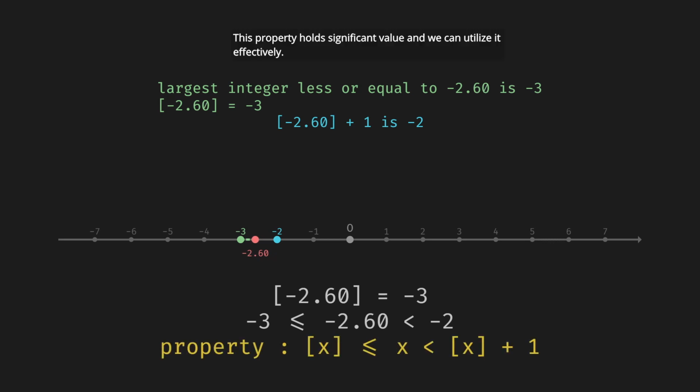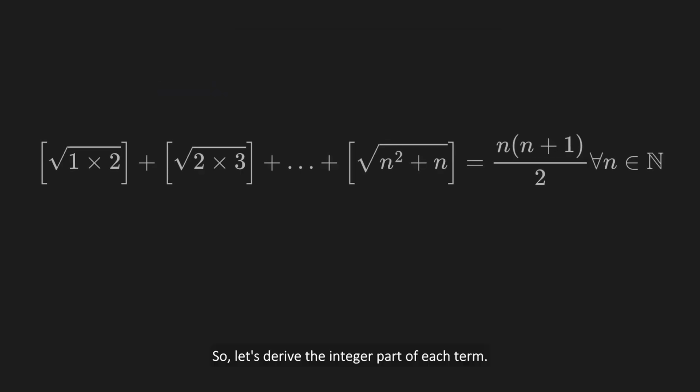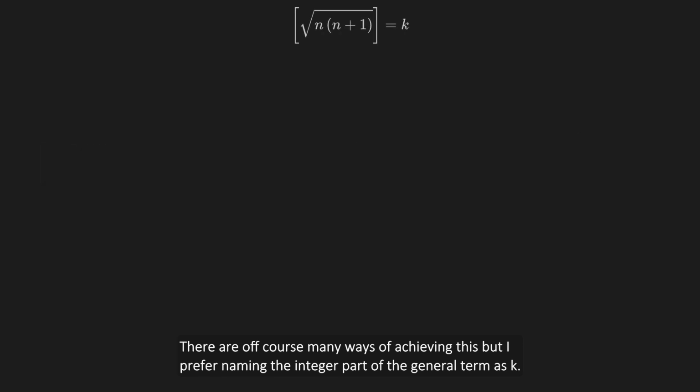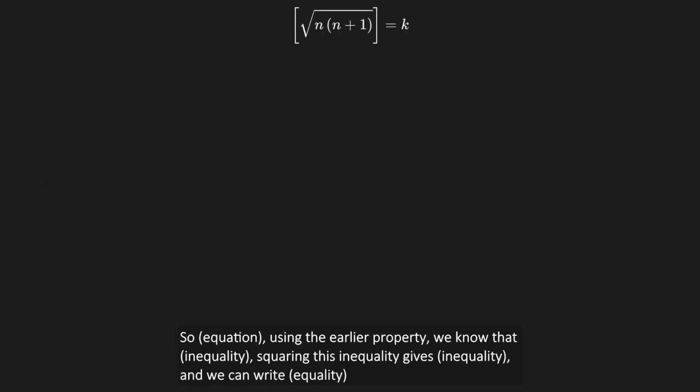This property holds significant value and we can utilize it effectively. So let's derive the integral part of each term. There are of course many ways of achieving this, but I prefer naming the integral part of the general term as k. So the whole part of the square root of n times n plus 1 is equal to k.